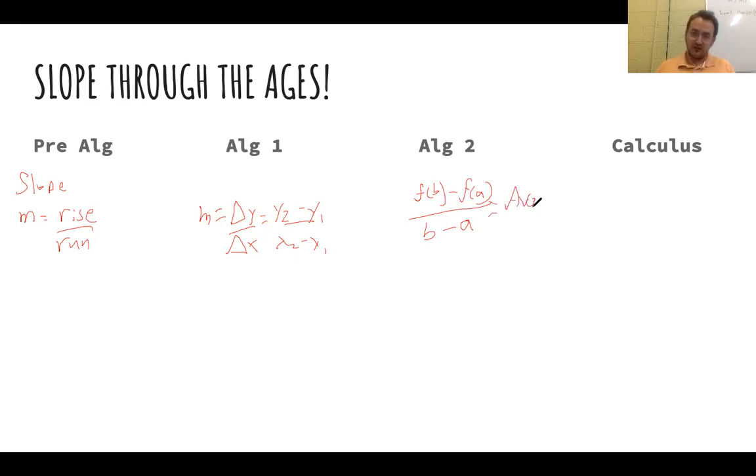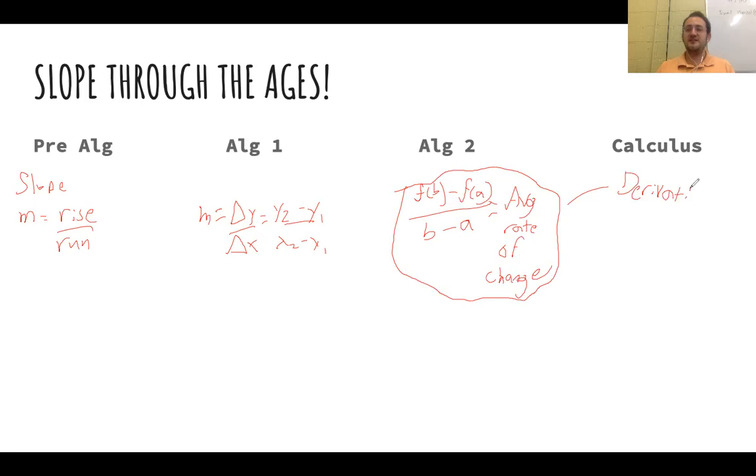We call this equation the average rate of change. And this is where we're going to be starting out in calculus. In calculus, we are going to be learning about what are called derivatives.